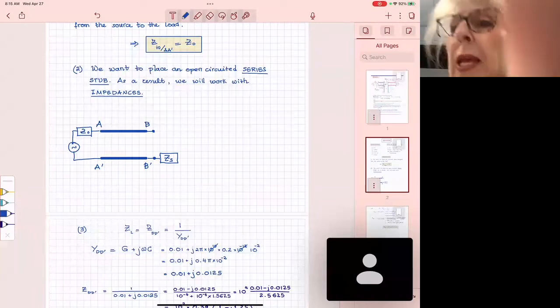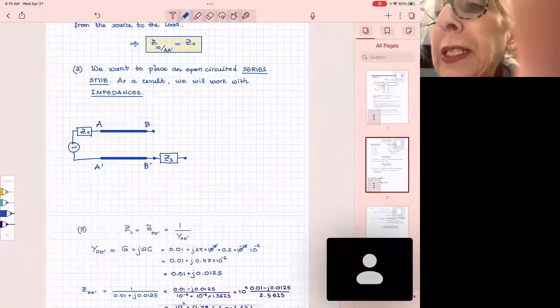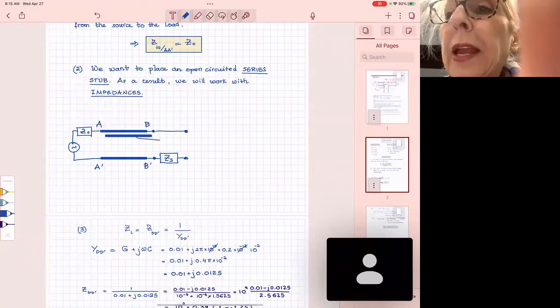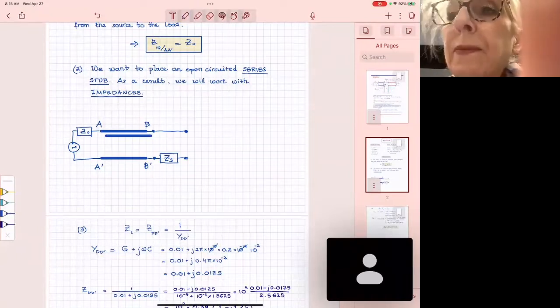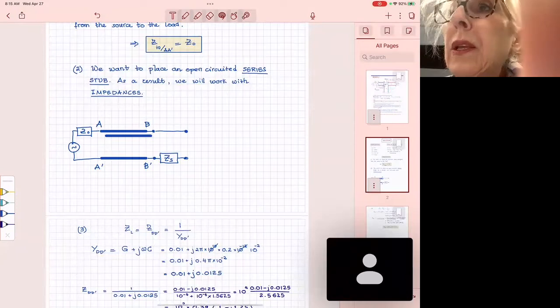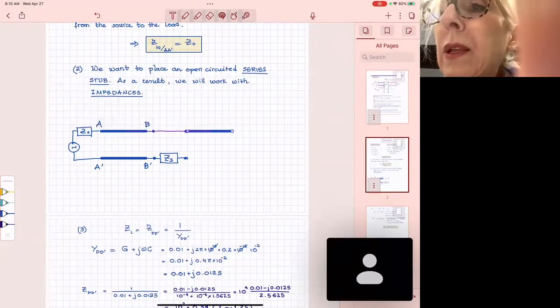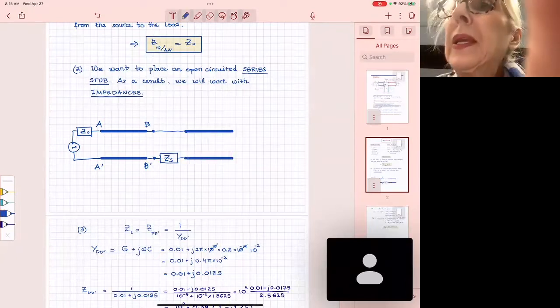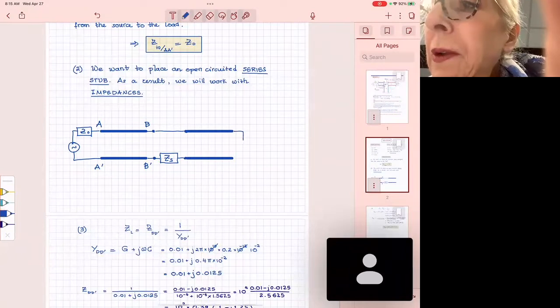However, because this is in series with the rest of my problem, which in reality is another transmission line here, and then I have a load at the end. So let me do the load here.